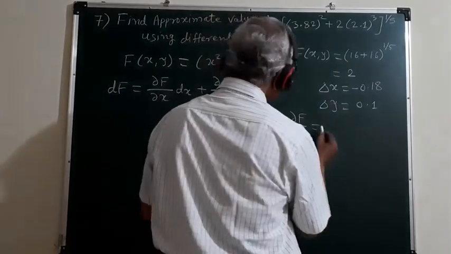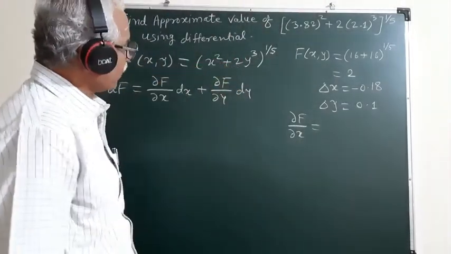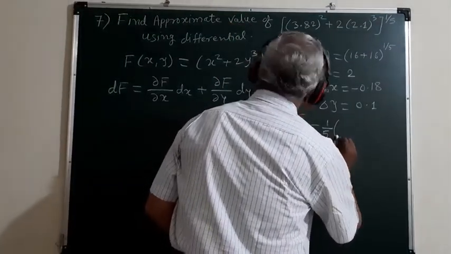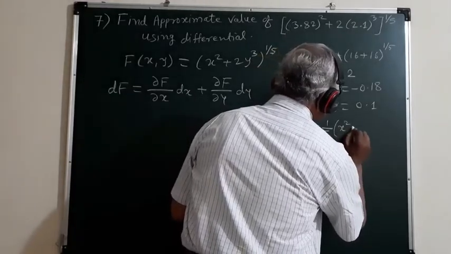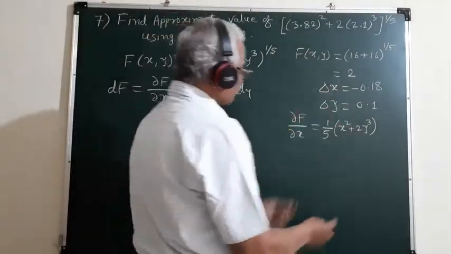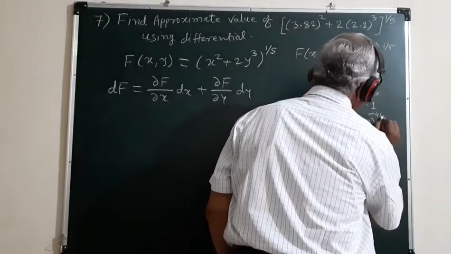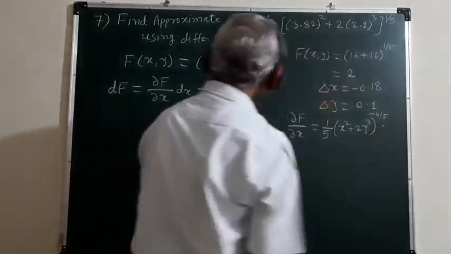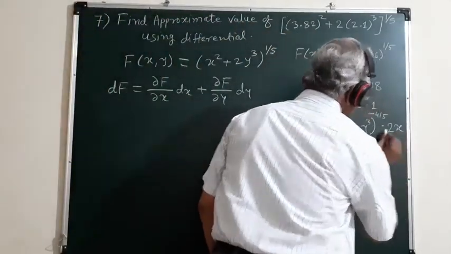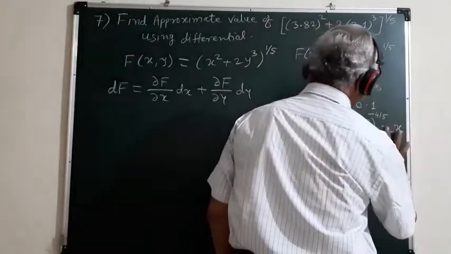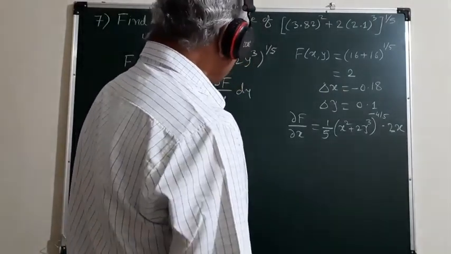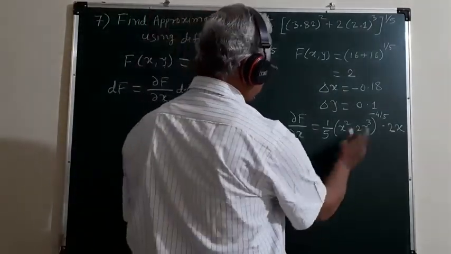The differentiation will be 1/5 into (x^2 + 2y^3) raised to 1/5 minus 1, which is minus 4/5, into the differentiation of this bracket with respect to x, which is 2x. So this is equal to dou f by dou x, this expression.